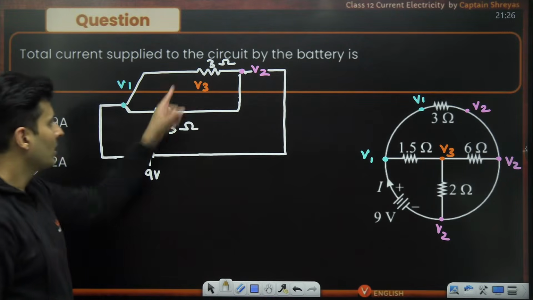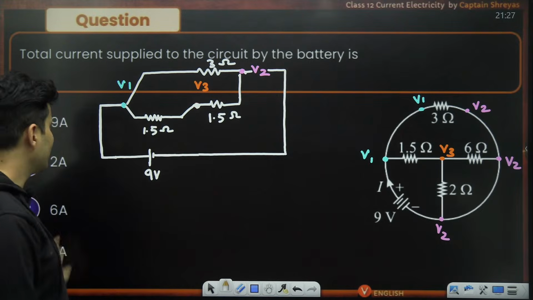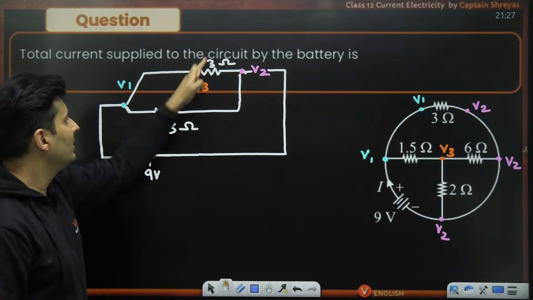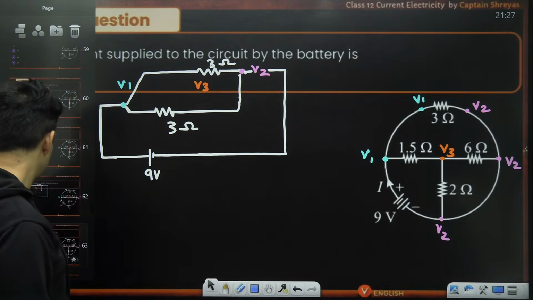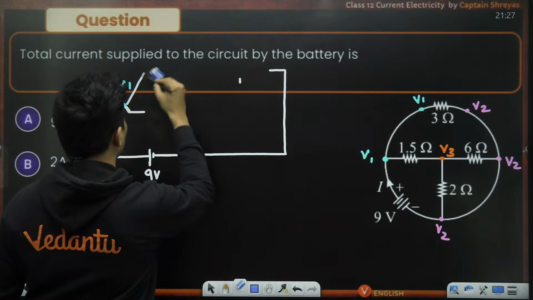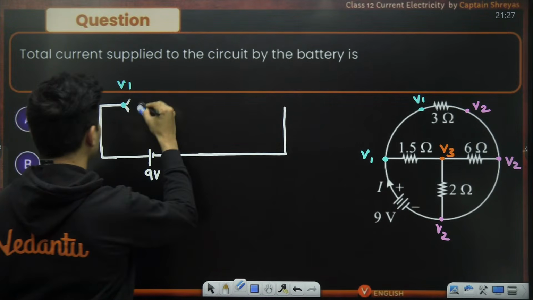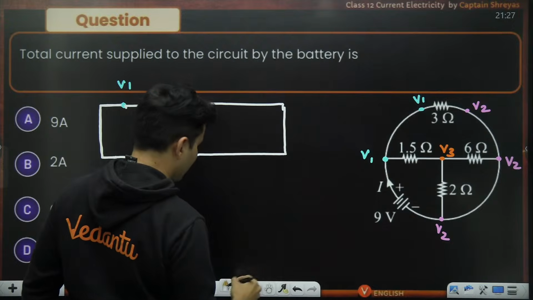Is that okay? I can replace these two 1.5 ohms with a single resistance of 3 ohms. Now these two 3 ohms are in parallel. So I can replace that with one single resistor over here.